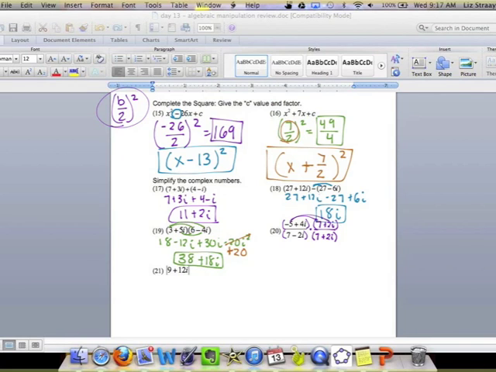Then we need to distribute or FOIL these out. So on the top, you get -35 minus 10i plus 28i plus 8i squared. And on the bottom, 49 plus 14i minus 14i minus 4i squared.